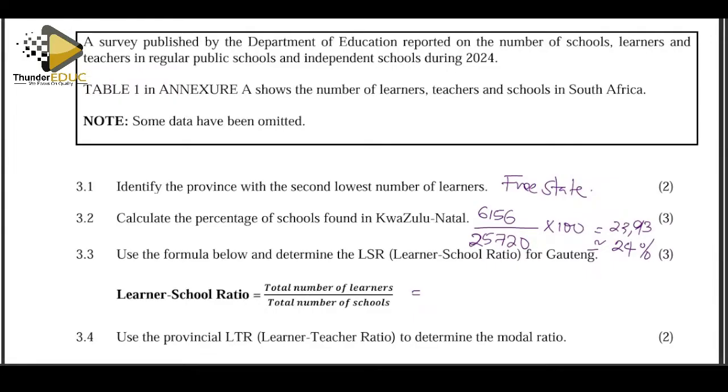The number of learners in Gauteng, we are saying it's 2,129,520, divided by the total number of schools in Gauteng, which is 26.9.